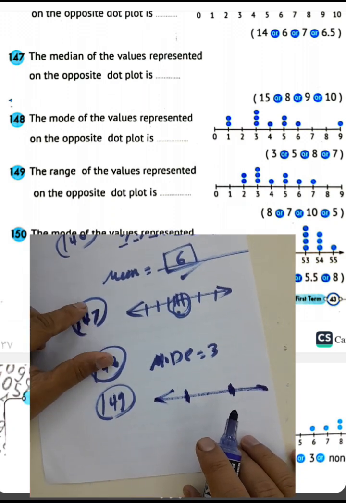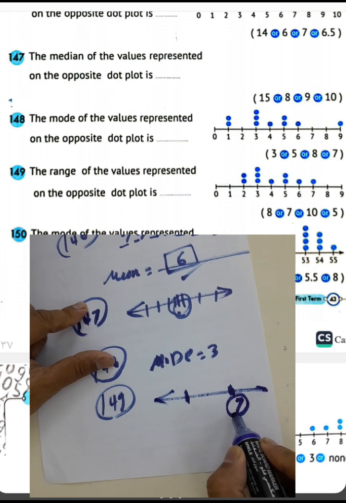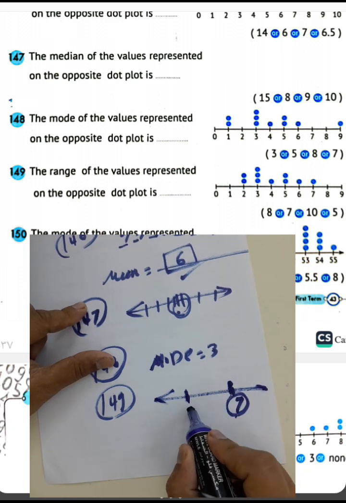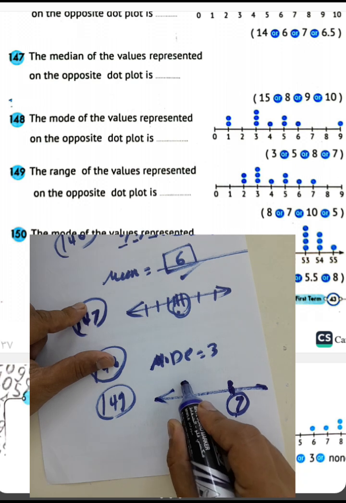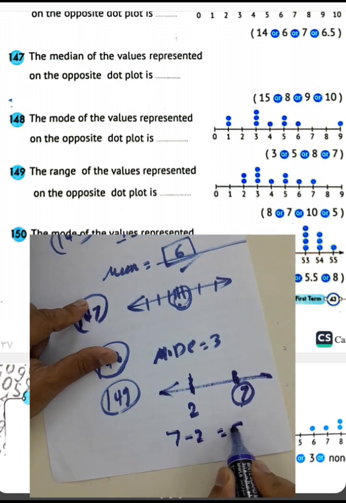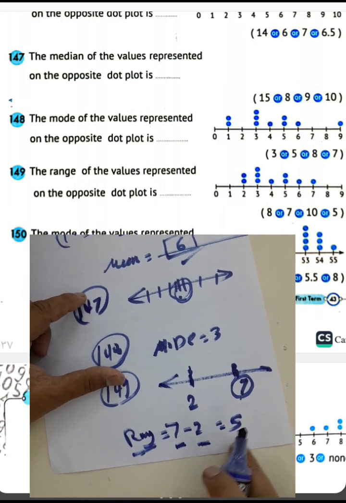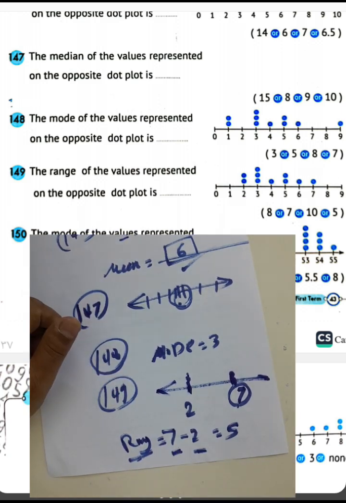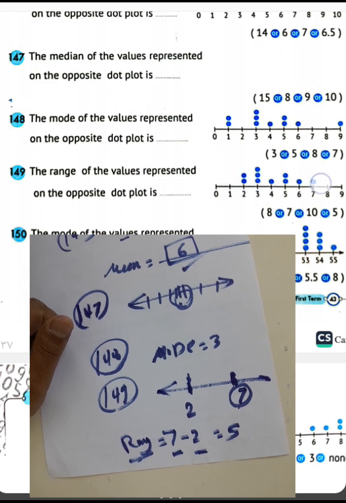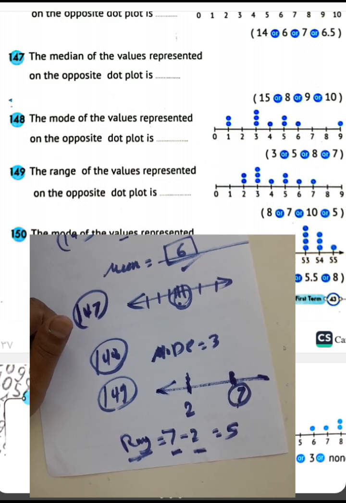The first number we have is 7, the maximum, and the minimum is 2. 7 minus 2 equals 5. We call it the range: maximum subtract minimum, because 2 is the minimum and 7 is the maximum. The difference between them equals 5.